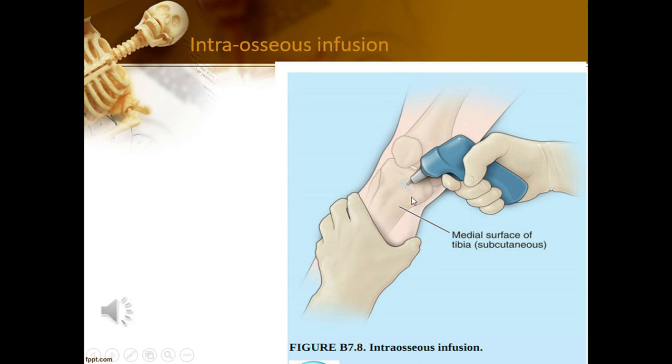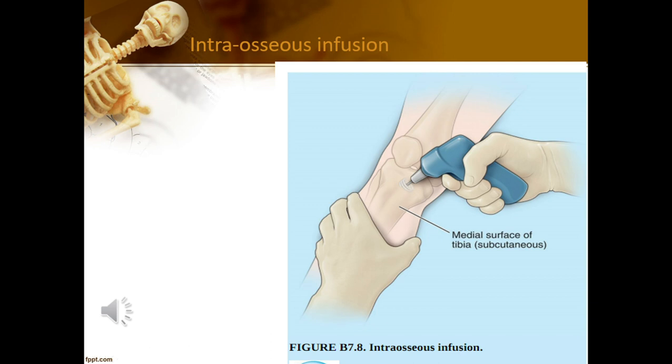Intraosseous infusions are not very common in practice, as they are only used when there is extensive injury. For example, in war, it was extensively used in World War II in injured patients, especially children.